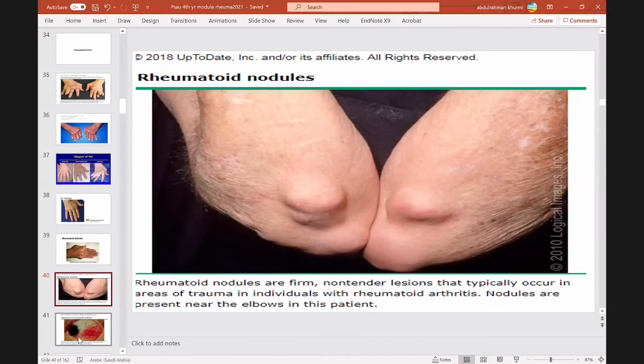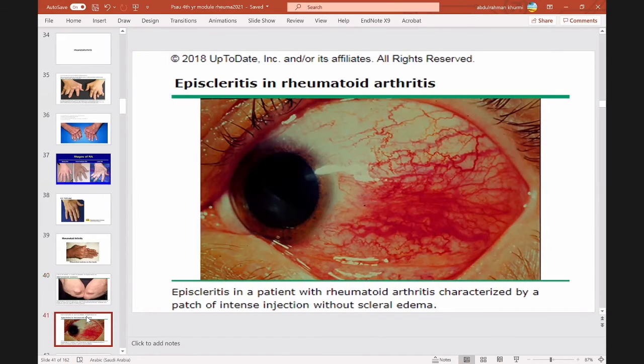Nodules can come in the joints and in friction areas, the areas exposed to friction, like the back of the neck and dorsum of the hands. Here you can also see an extra-articular manifestation of rheumatoid arthritis, which is episcleritis.